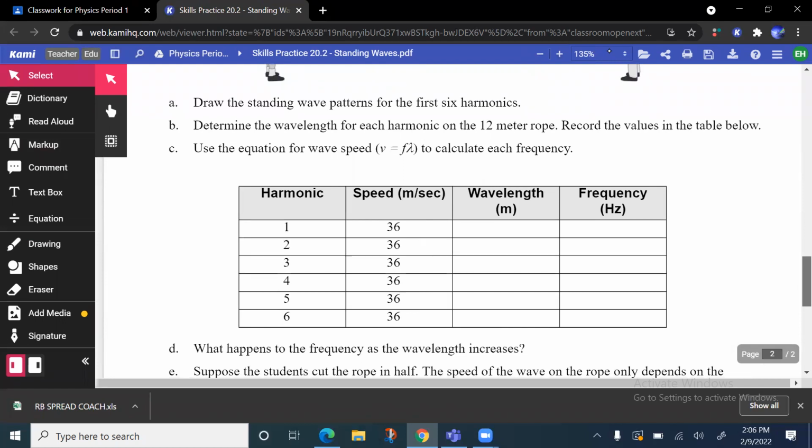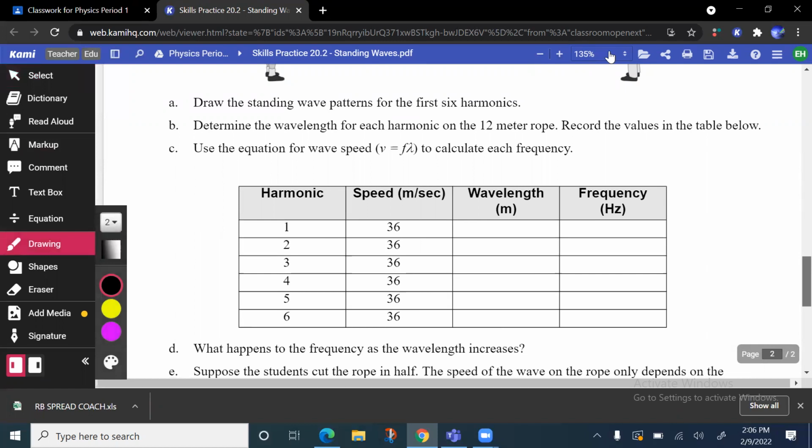Now, off to the left of the table, let's draw what these standing waves will look like. Okay. I'm going to draw, this is for number 1, first harmonic. I'm going to draw 2 points. Okay. And 2, 3, 4, 5, and 6.